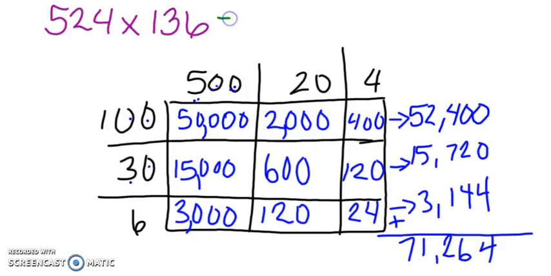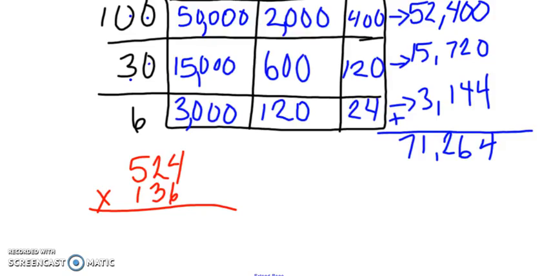So the answer to my original equation is 71,264. So you can see how I've used my area model here to break up 2 larger factors. And then I did the same thing that we have done in previous lessons. I have used my strategy of finding my basic fact and then adding on my zeros. And then I have added up all of my partial products to find the product for my original equation.